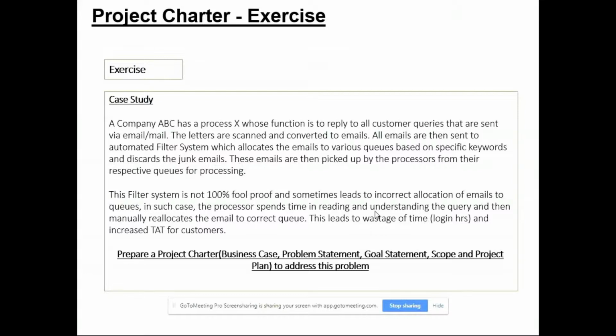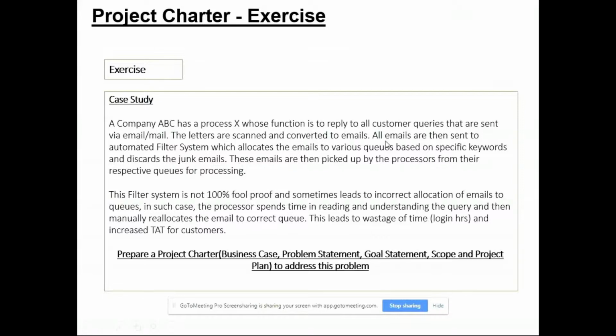So in that case, you generally look at the incorrect allocation of the emails to queue, wherein processors are manually reallocating the emails to the correct queue. Right.